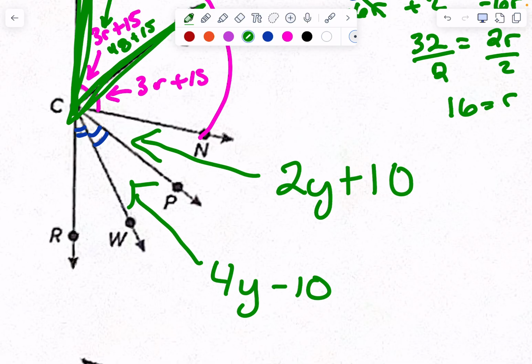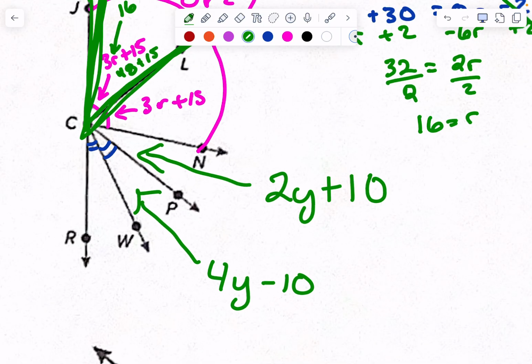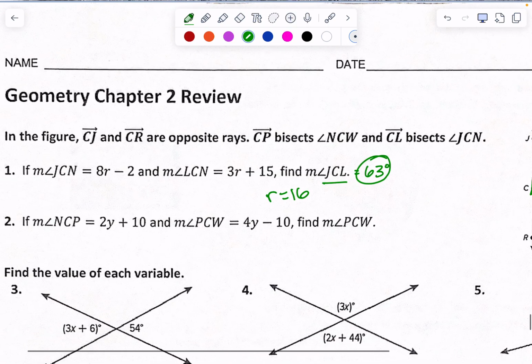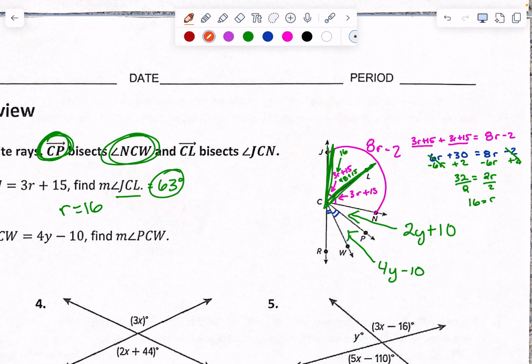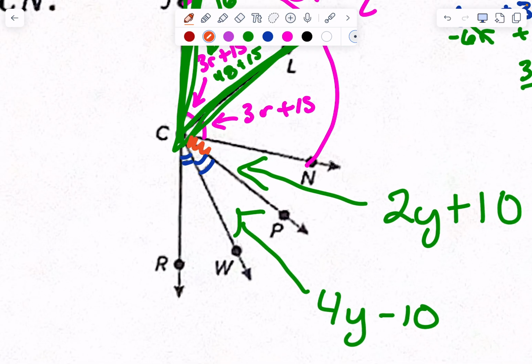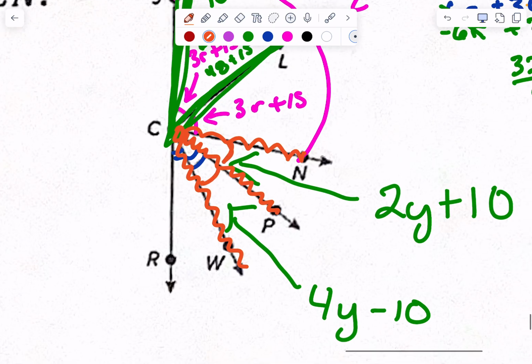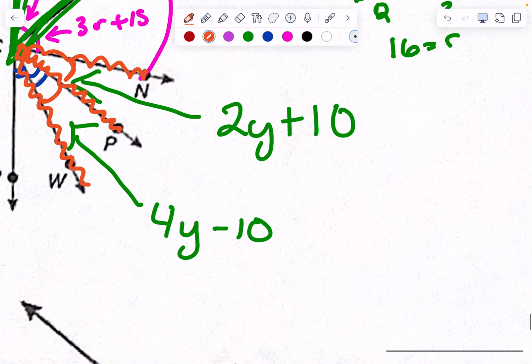No. We know that the other two blue guys are the same. Did I miss something? Hold on. CP is bisecting NCW. Oh, so they are the same, right? So all three of them would be the same, true? Yeah.